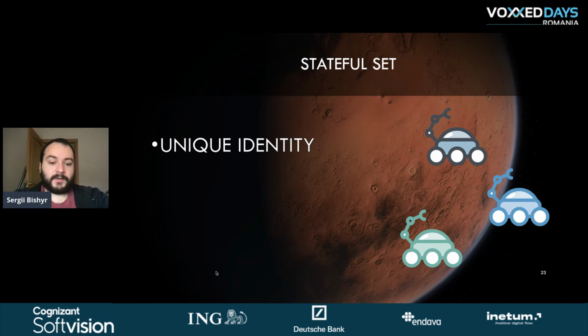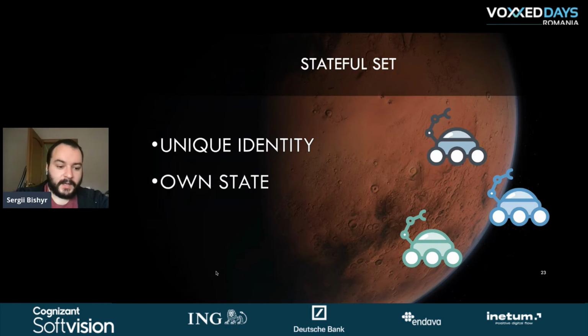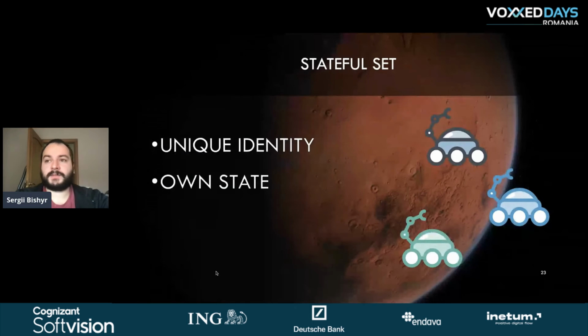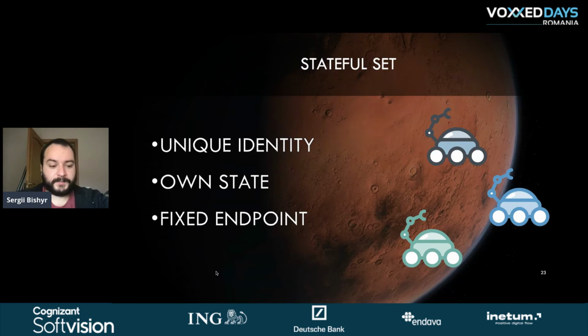So for this, you have a unique identity, which will make sure that each instance has its own identity, and you can address your instance and make sure that it's the same. It has a mechanism for keeping its own state. For pods, if you are sharing the state, it will be shared between all instances. But for a StatefulSet, each will have its own state.